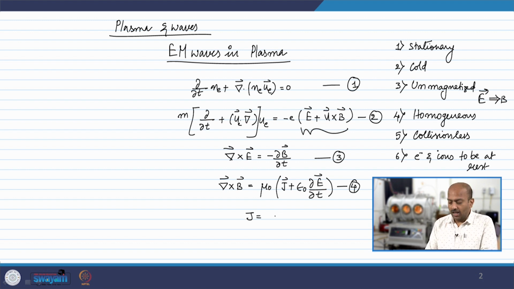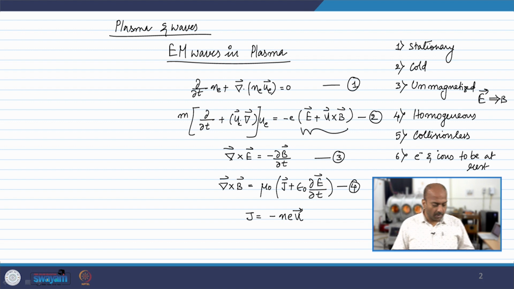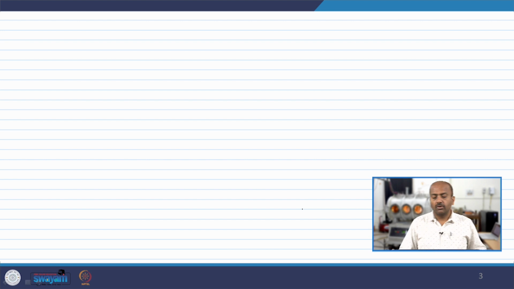Now, we can write the current density J, which is generally written as n e v, or for electrons we will write -e n_e u. Now, what is the general approach of doing perturbation theory? We take the perturbed variables which are going to be affected by the propagation of the electromagnetic wave, and define them as a sum of the equilibrium part plus the perturbation part, and then using those we linearize the equations.